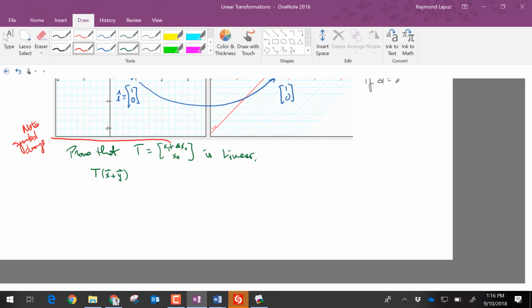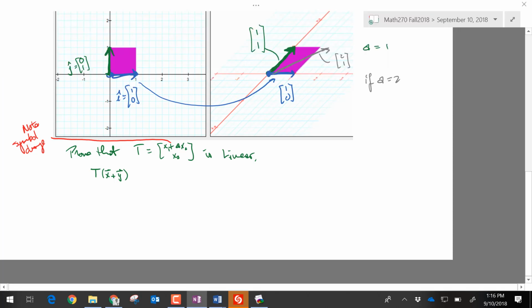I'm going to use x and y now as vectors, and I'm going to use x1, x2 as one vector, and y1, y2 as our other vector. And so what we're interested in doing is finding out what this is equal to.